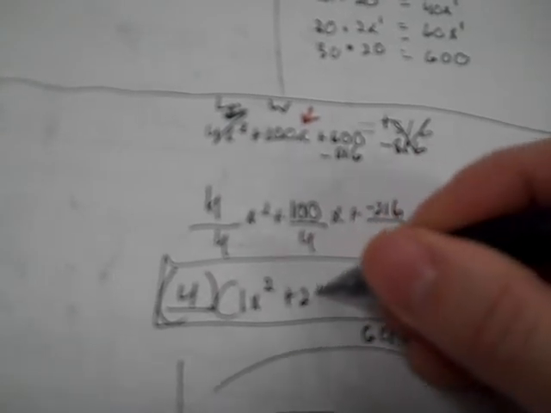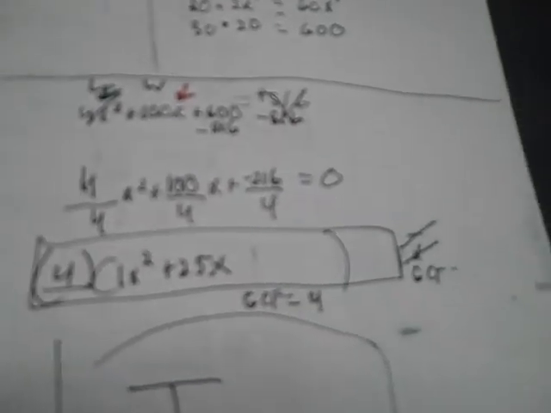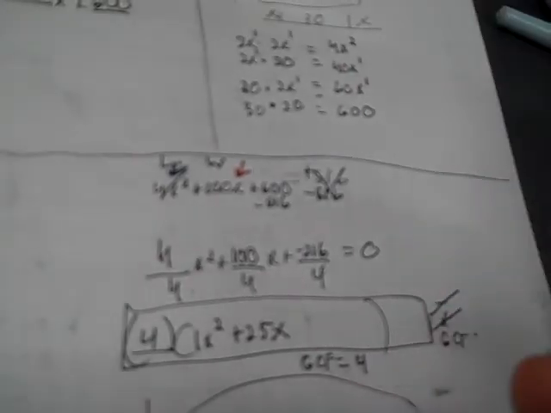I got 4. So 4 is the GCF. So 4 will be out here. Just a plain old 4, though. It doesn't need a negative or an x with it. So that's 1x to the second, 25x. Then I take negative 216 divided by 4, and I got negative 54.